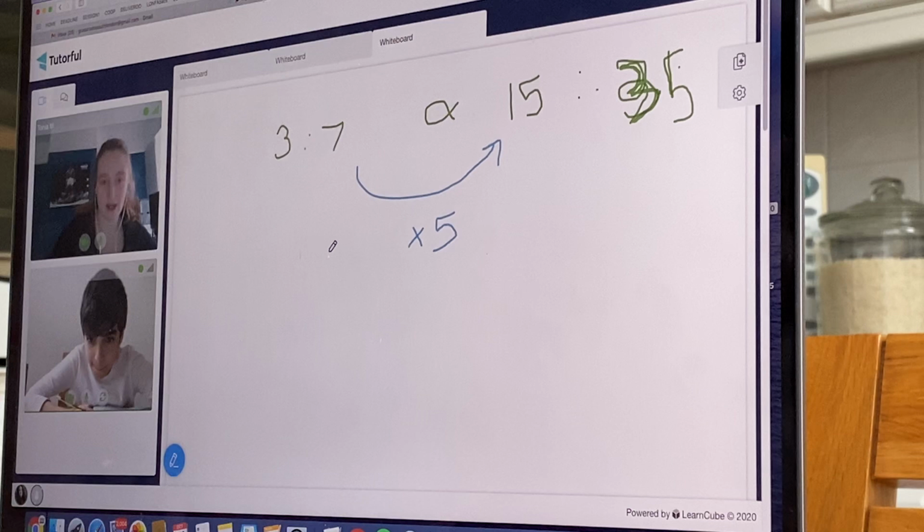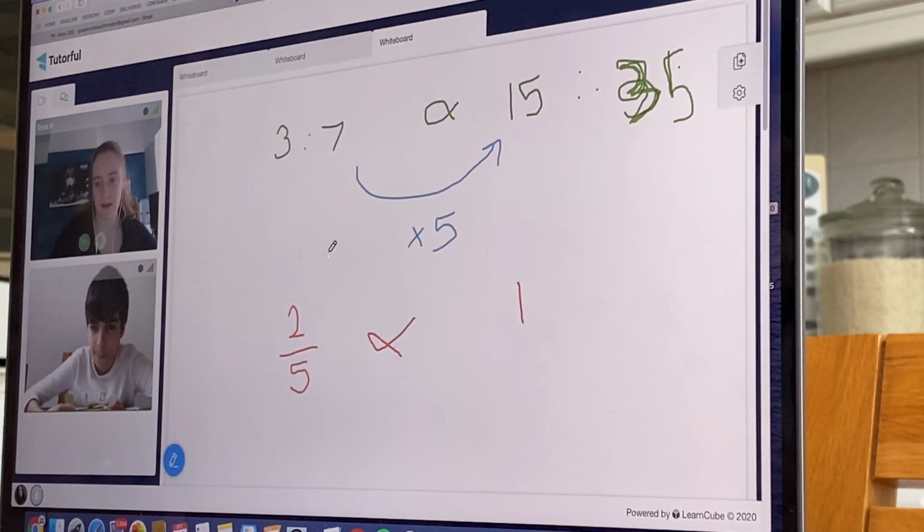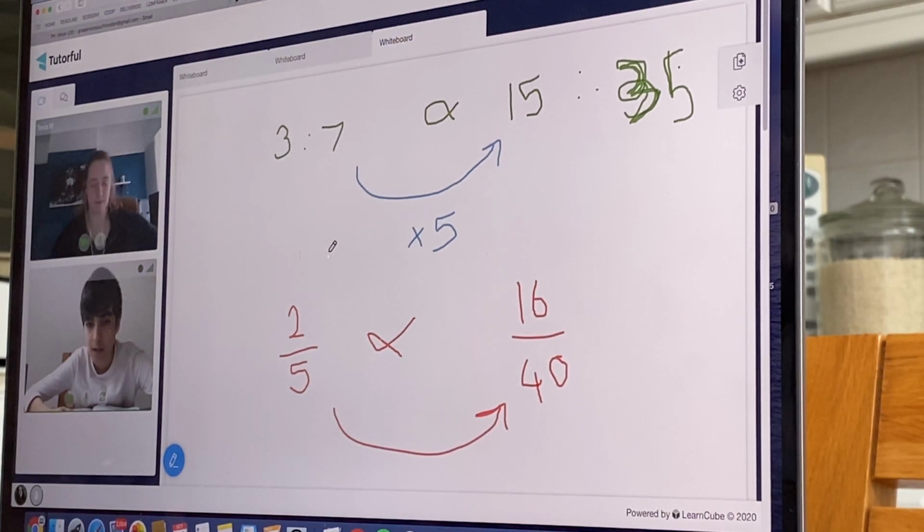Likewise, we did it with fractions. Say that I had 2/5. That would be proportional to 16/40. What is the multiple there? What am I multiplying it by?